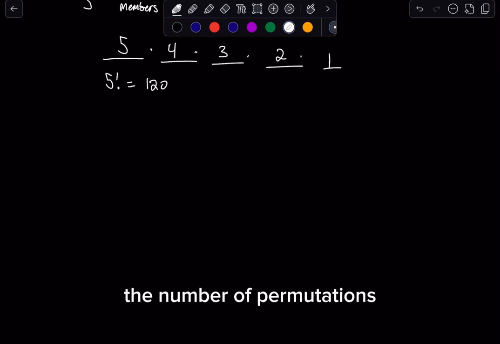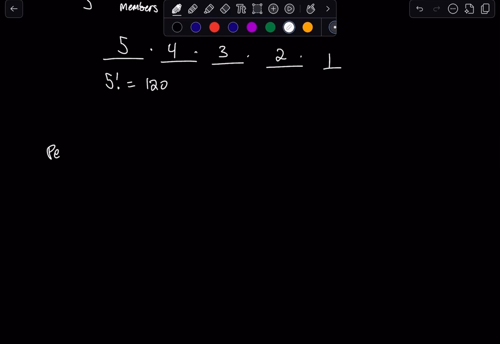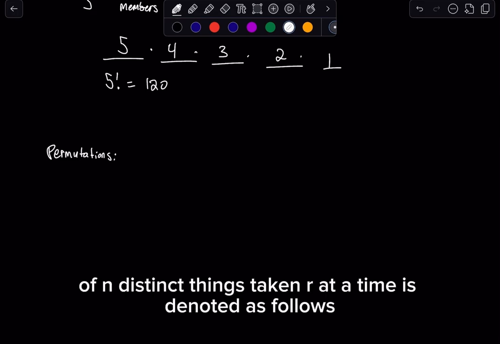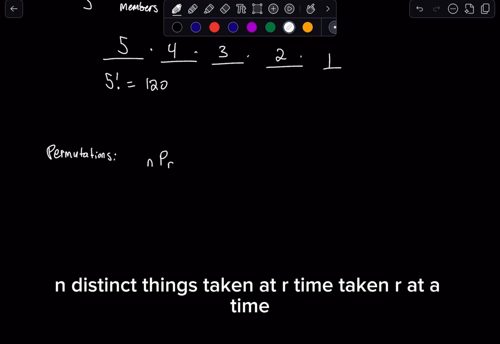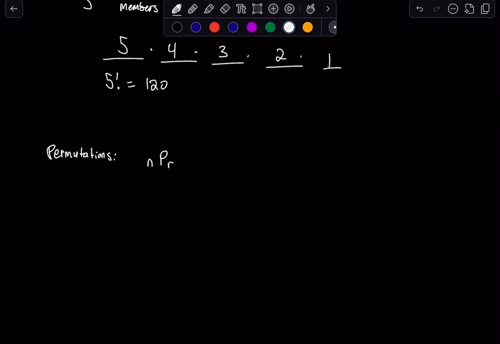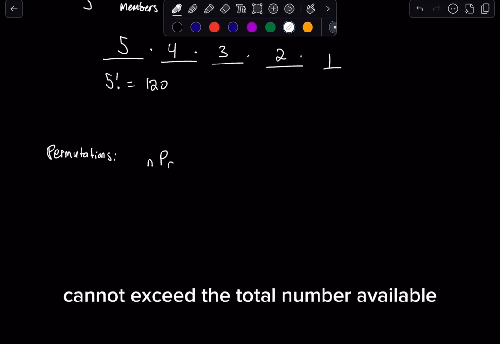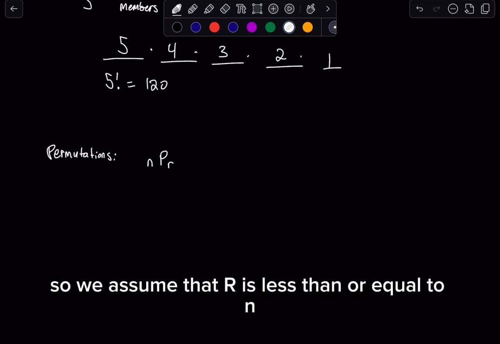The number of permutations of n distinct things taken r at a time is denoted as follows. N distinct things taken r at a time. And the number of objects being arranged cannot exceed the total number available. So we assume that r is less than or equal to n.